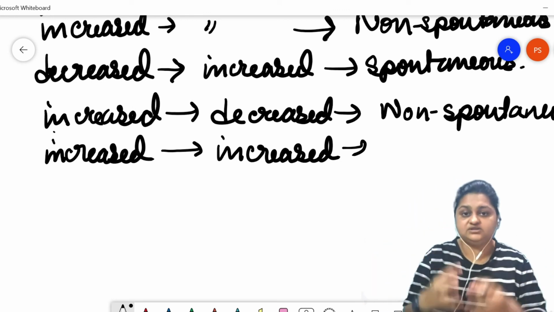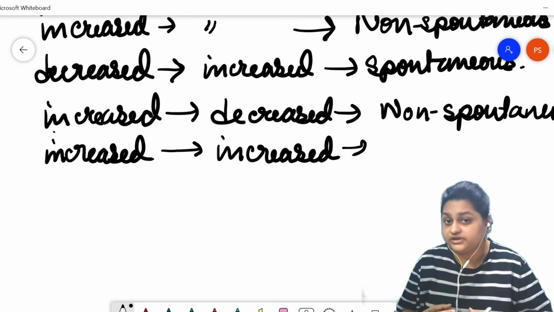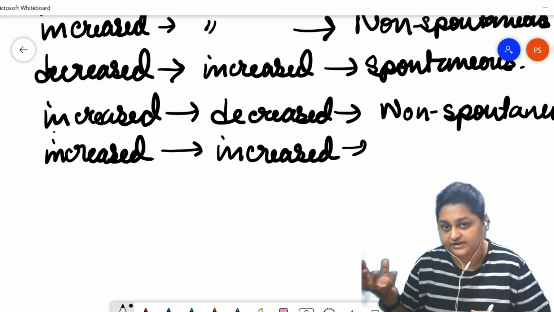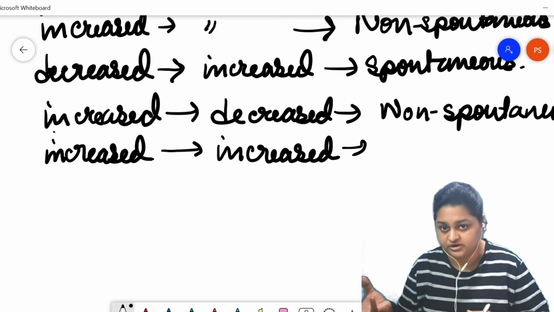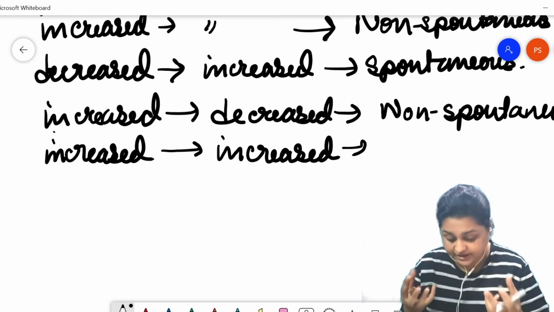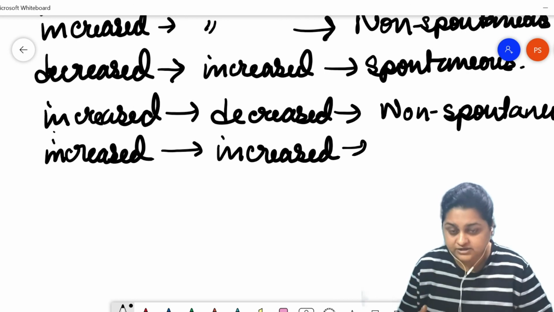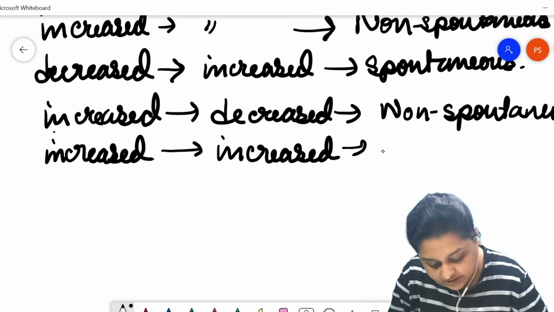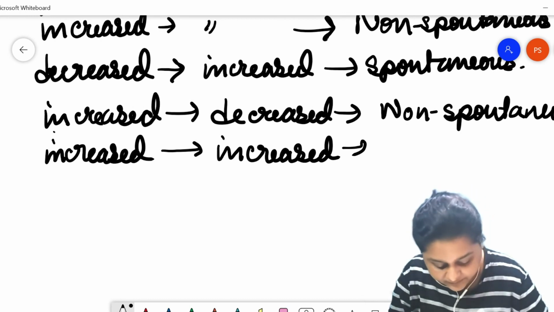So by combining these two values, right now we cannot actually determine, because one factor is making the process non-spontaneous, one factor is making the process spontaneous. We cannot determine whether the process will be spontaneous or non-spontaneous. So the process may be spontaneous, may not be.